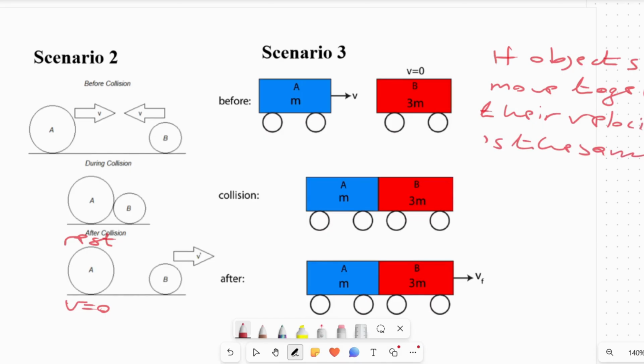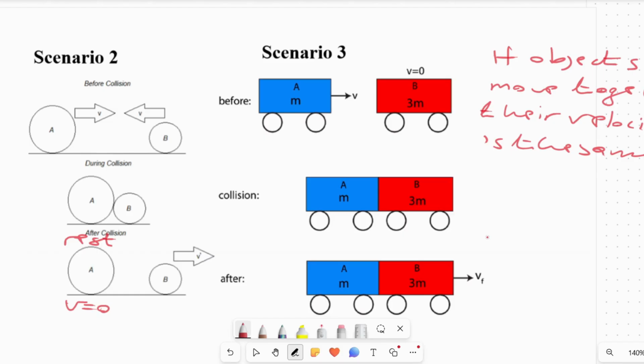This is important because in other cases, where objects are moving together, you must know that their velocity will be the same. That is very important.